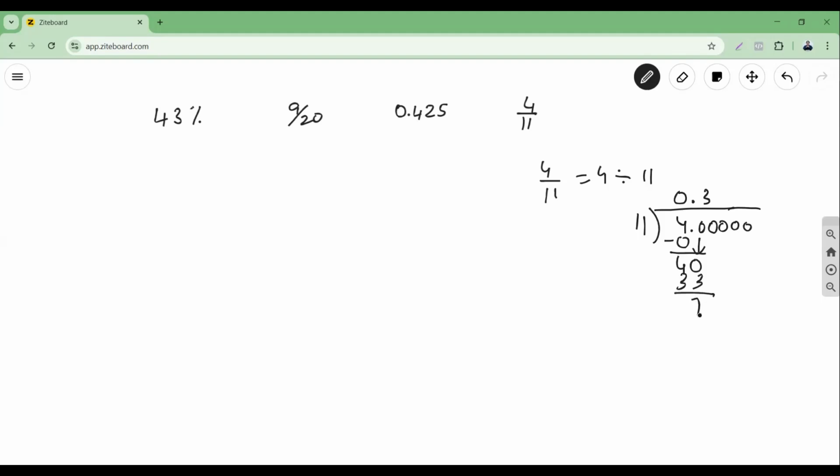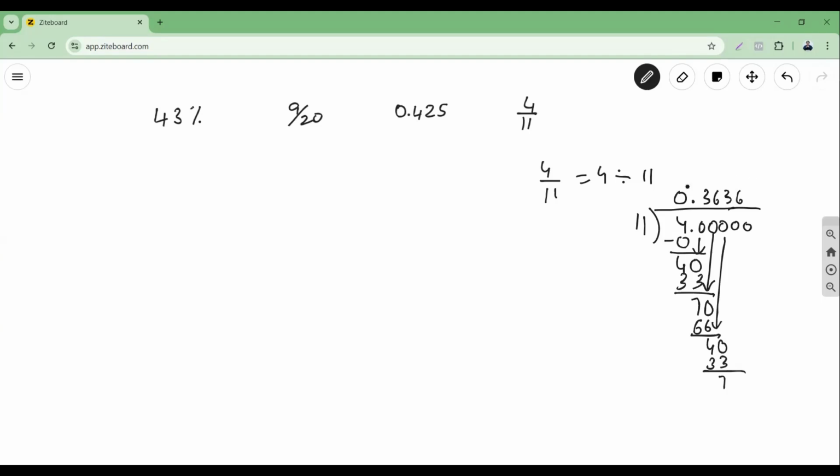Now it's a 7, so I take the next 0. 11 times 6 is 66. I get a 4. Then I take the next 0, and I get 3 again. 11 times 3 is 33. Again I get a 7. You see this pattern is recurring. It's called recurring.